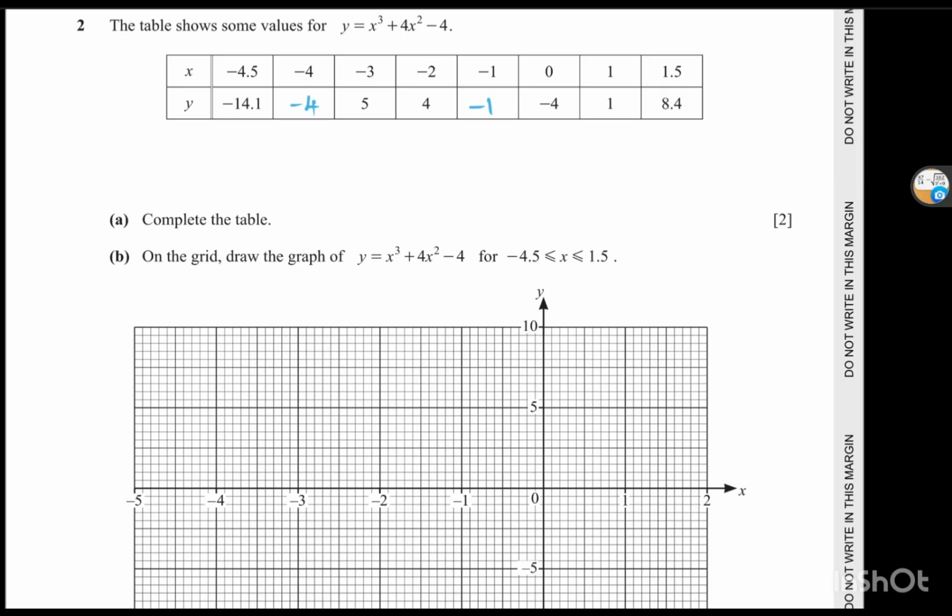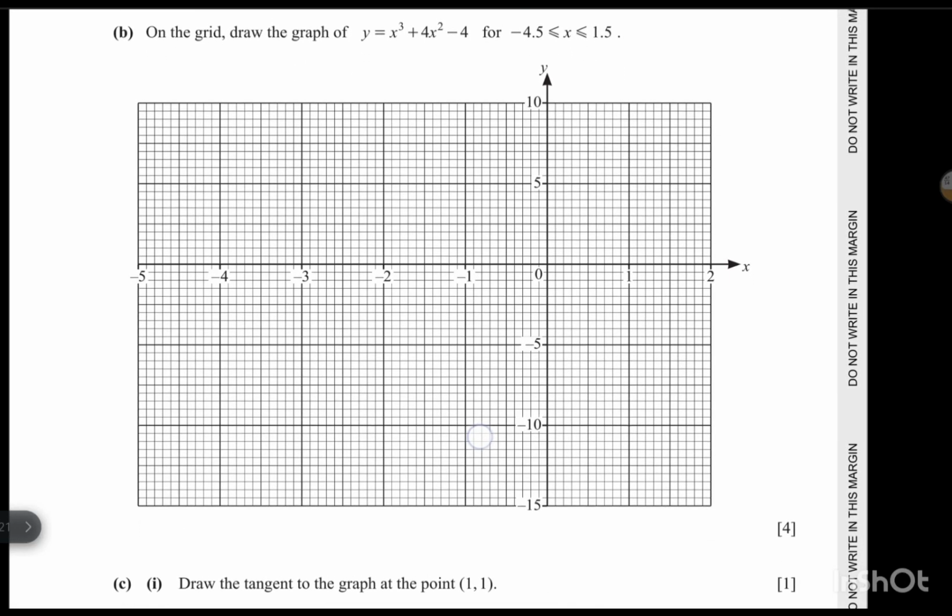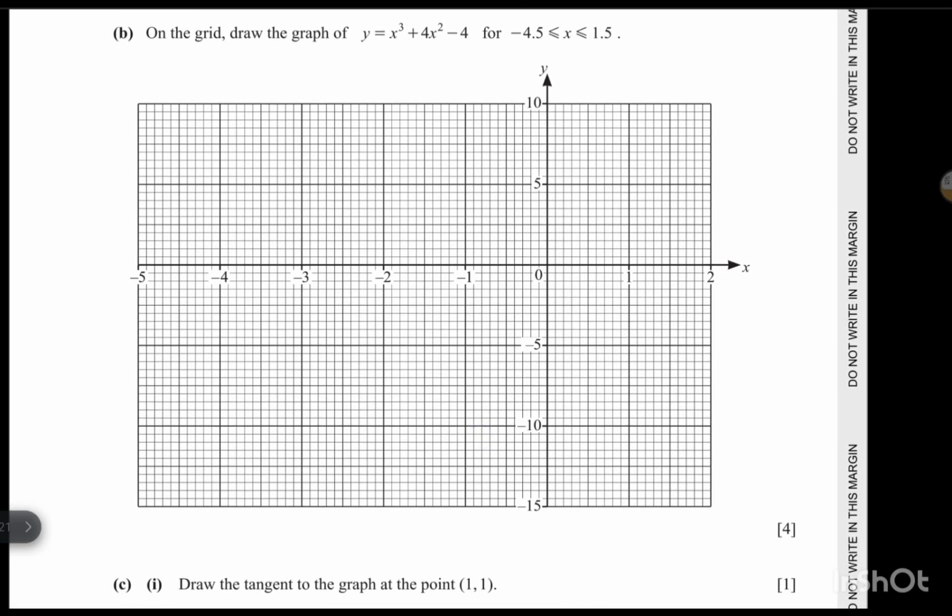Question B now. On the grid, draw the graph y is equal to x cube plus 4x square minus 4 for minus 4.5 less than or equal to x less than or equal to 1.5.